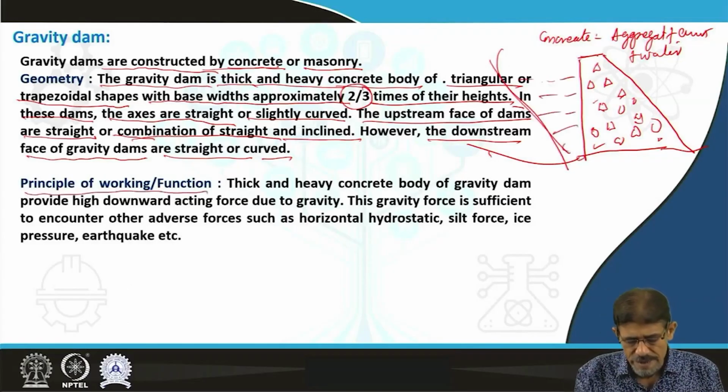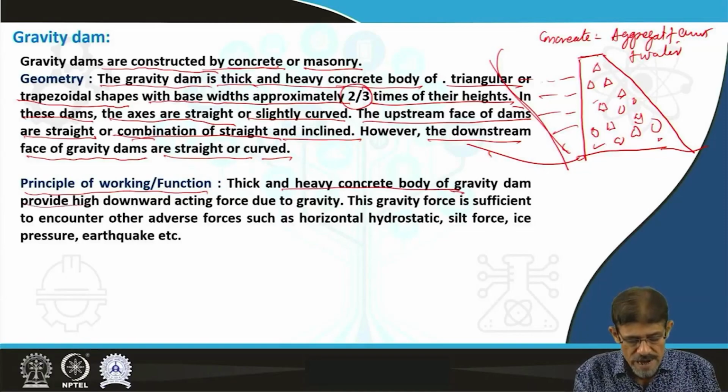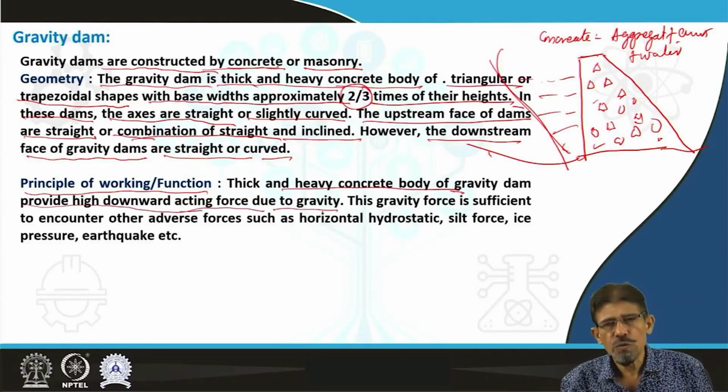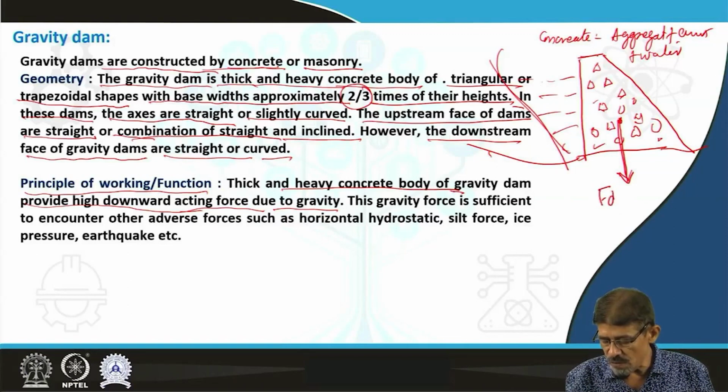Principle of working and function. This type of dam is a thick and heavy concrete body, which provides high downward acting force due to gravitational pull. The gravitational pull represents the downward acting force, F downward.